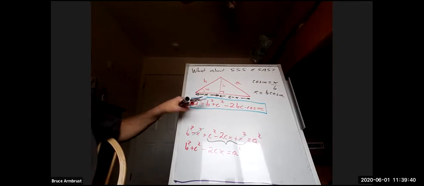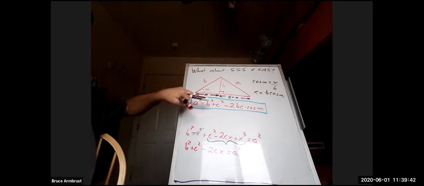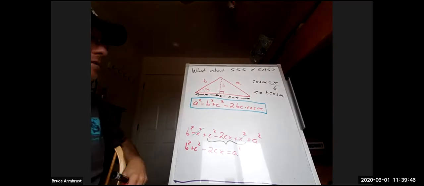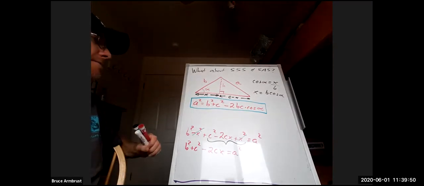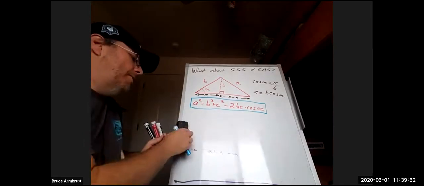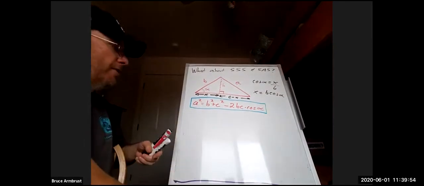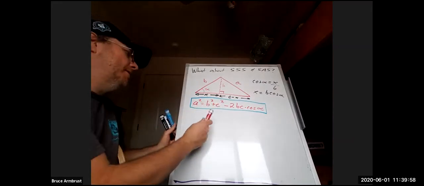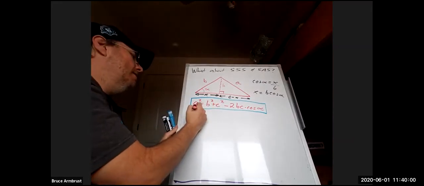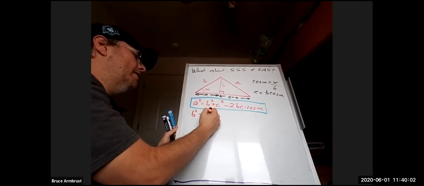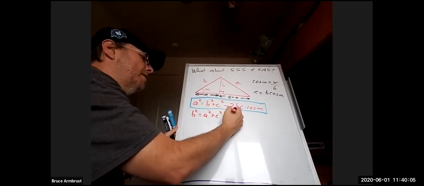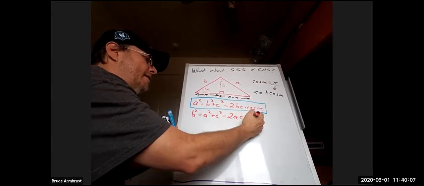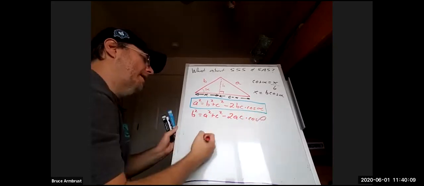Now, when I did this and I drew this perpendicular, I could have drawn the perpendicular from any of the corners, right? Take any of those vertices, drop a perpendicular. I could have done something similar. And so there are actually two other forms for the law of cosines, but they're very similar to this one. The one that starts with b squared, it's going to be a squared plus c squared minus 2ac times the cosine of beta.